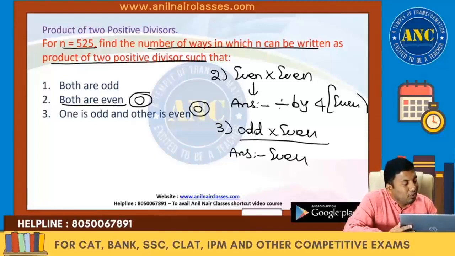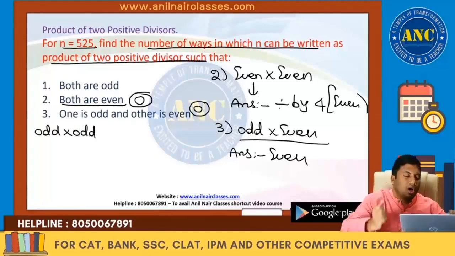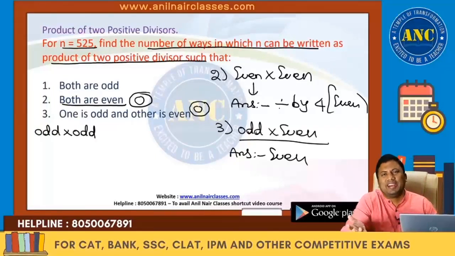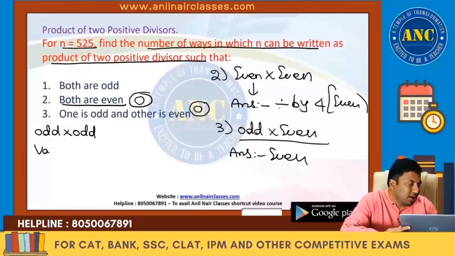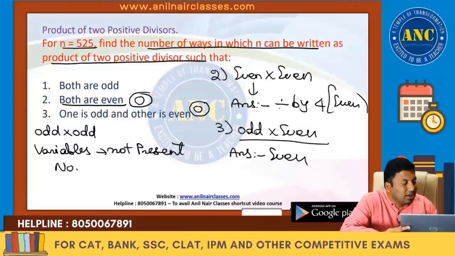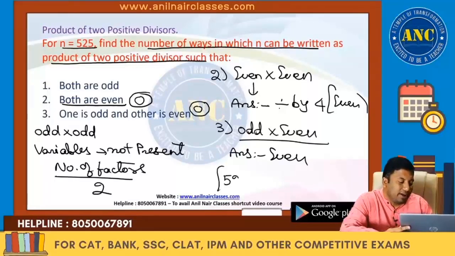First case, both are odd. Odd into odd. If the right hand side is an odd number, it is nothing but odd into odd. So variables are not present in the question. If variables are not present in the question, the answer is nothing but the number of factors divided by 2. 525 is 5 into 105, 5 into 21 into 5.